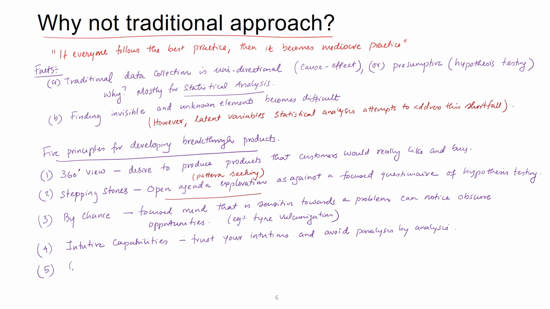And the last one is qualitative data. While everybody likes quantitative data, you should also consider qualitative data like opinion, feeling, experience, observation, interviews, etc. So, these 5 principles: 360-degree view, stepping stones, by chance, intuitive capabilities and qualitative data.